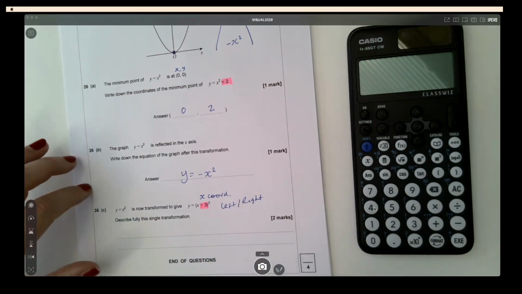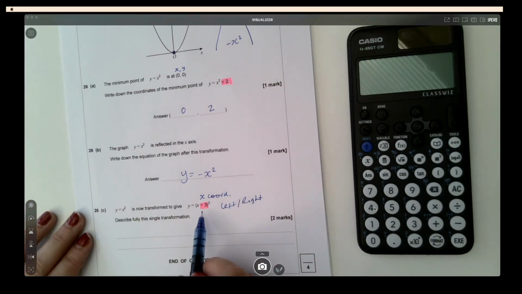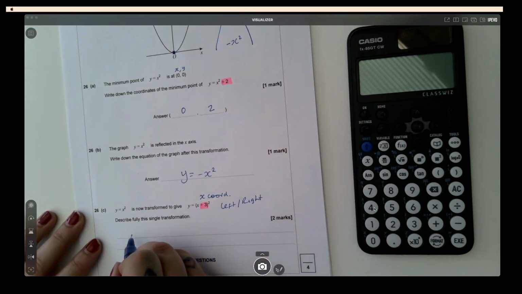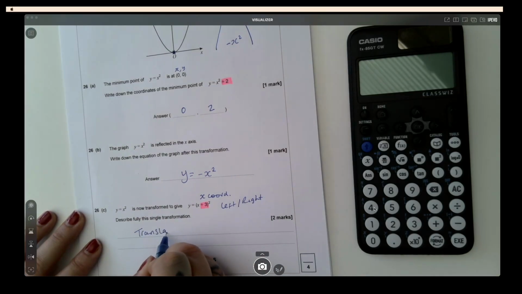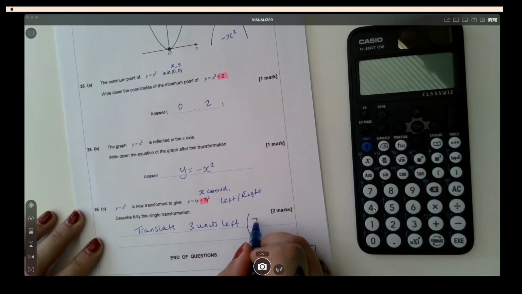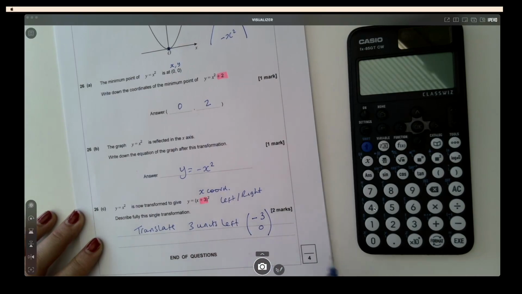The y deals with up and down. And what we have to remember is when we're dealing with inside those brackets with that x coordinate, we're doing the opposite. So plus 3 doesn't mean go to the right 3 like transformations. It means do the opposite. So we're going to translate 3 units left, which would be a vector of -3, 0.